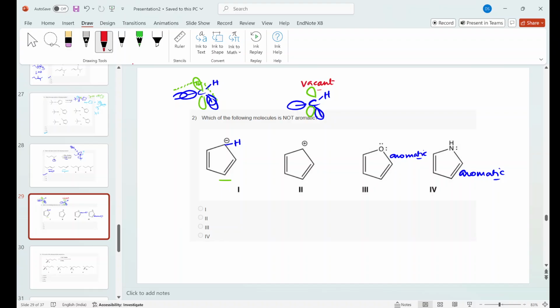Okay, so it cannot participate in the pi system. So here the conjugation breaks. So this is not aromatic. This is aromatic. Okay, this one will be the answer.